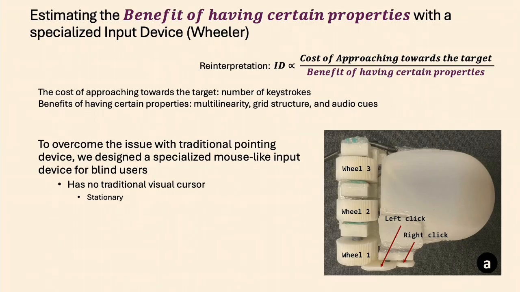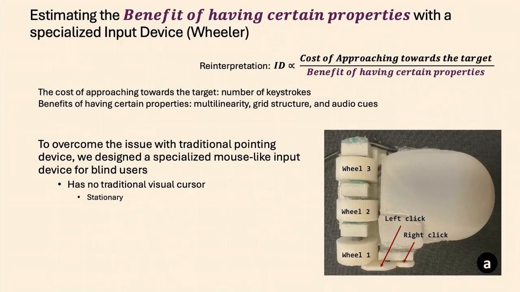So continuing that theme of what beneficial properties we can consider for non-visual interaction, we used the linearity in the data. What if we consider the input device? Because with the traditional cursor, a blind person cannot see the visual feedback, so a mouse is not helpful.